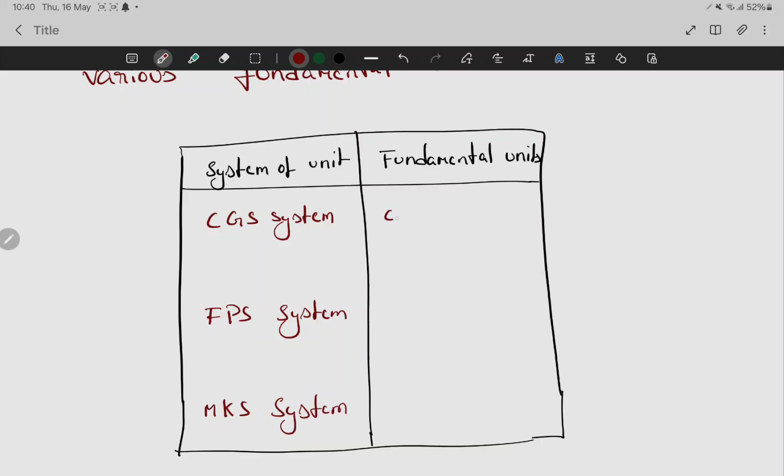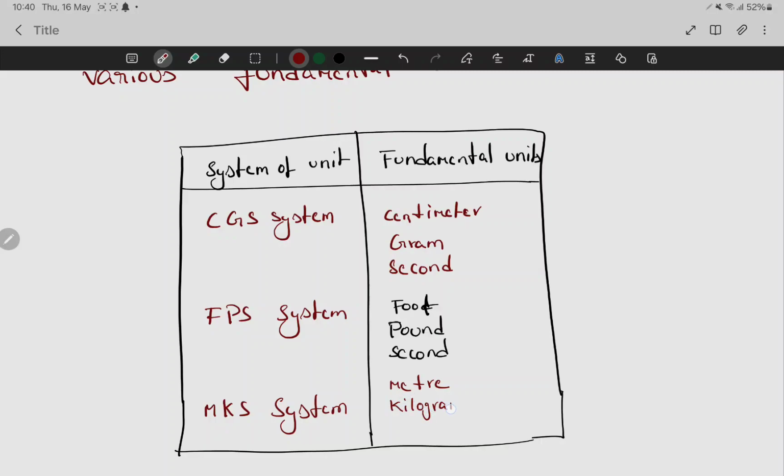Here it is centimeter, gram, second. Foot, pound, second. Next it is meter, kilogram, second.